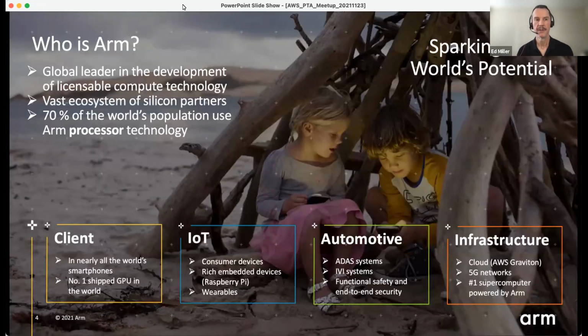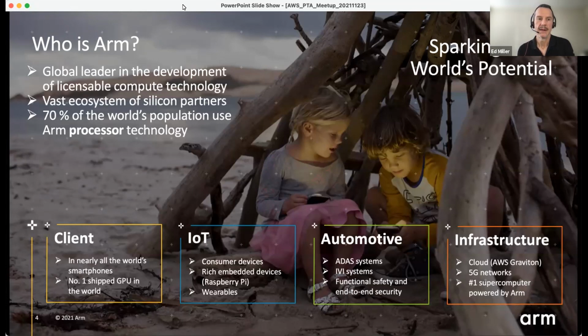So ARM, for those of you that don't know, we design and license compute technology. We design processors, graphics processors, neural network processors. We license them to a vast ecosystem of silicon partners who actually make the chips and sell them in many different types of applications.